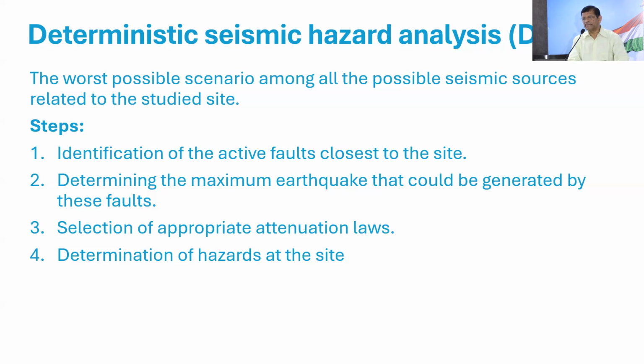A lot of times people have less knowledge about the site, meaning the seismic activities of the site, so they go by the probabilistic method. But if we have expertise there, we can determine this will be the deterministic seismic hazard, then we go by that.